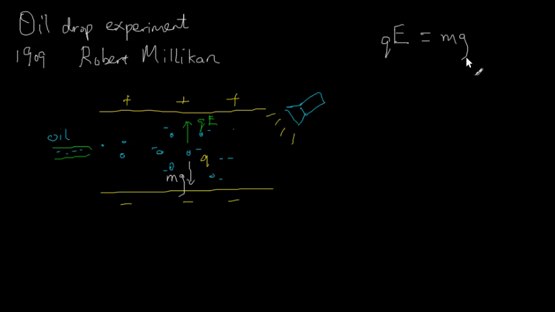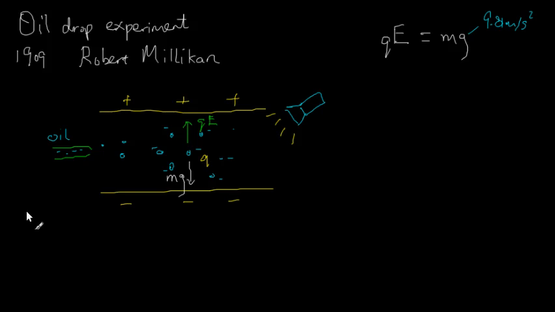So let's look at this one by one. We know g is 9.81 meters per second squared. That's fine. E, we would know. E is given by this formula.